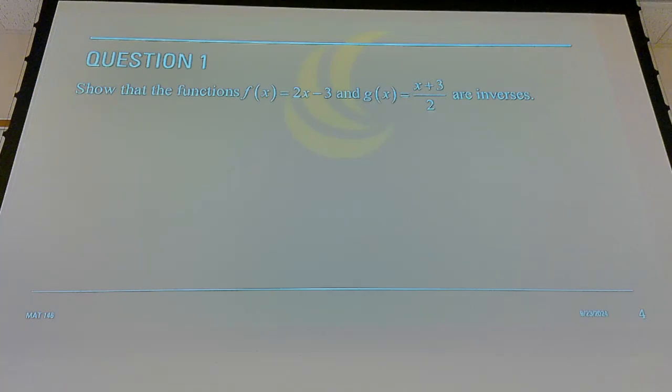So we're going to be given a pair of functions, and we're asked to show that they are inverses of each other.